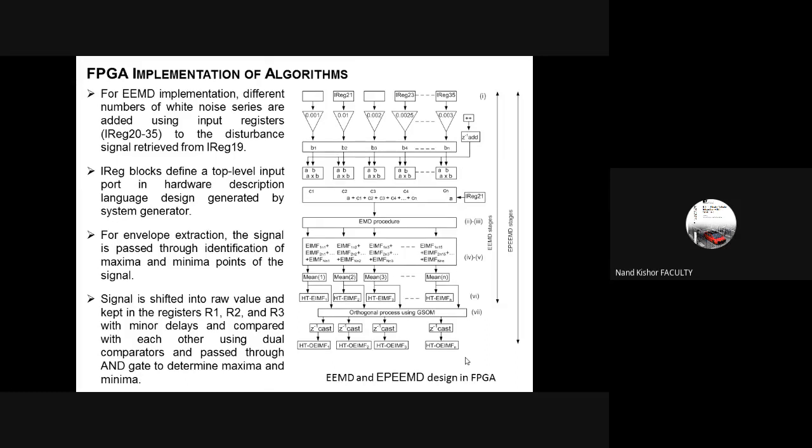So even those algorithms, for which I have shown the flow chart in the previous slides, have to be implemented in FPGA, because we want the real-time approach. As such, we have the EMD techniques implemented in FPGA here. So these are some of the steps of the approach that we have applied, and how the complete mathematical equations were configured in the form of FPGA blocks.